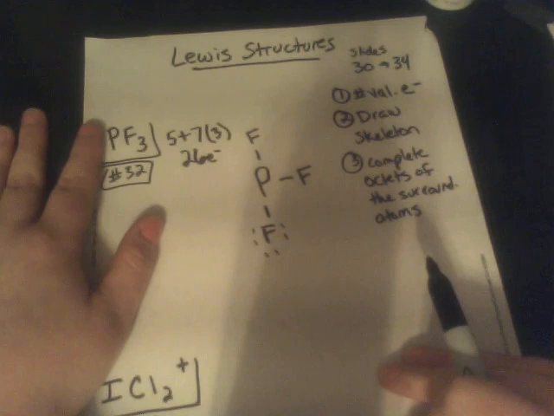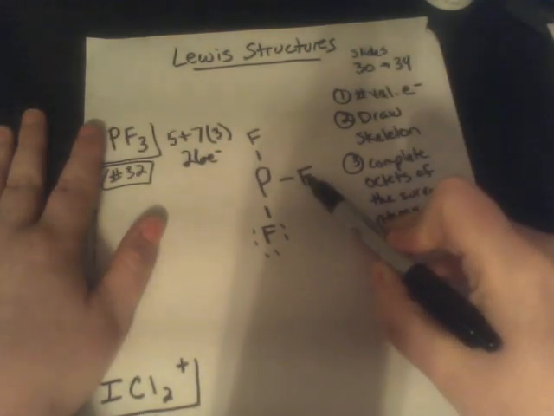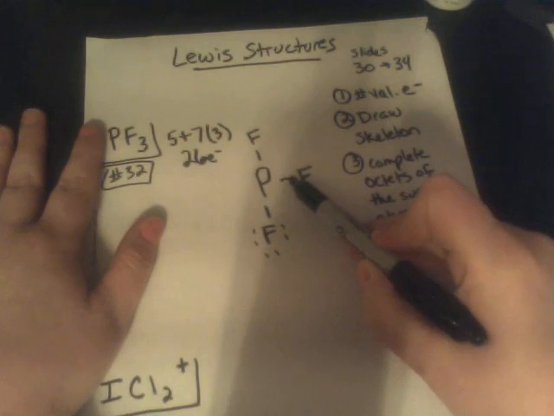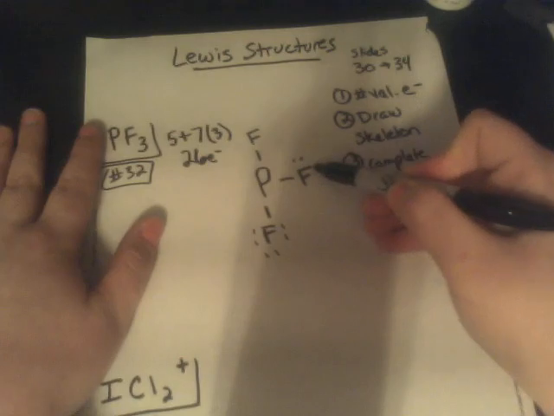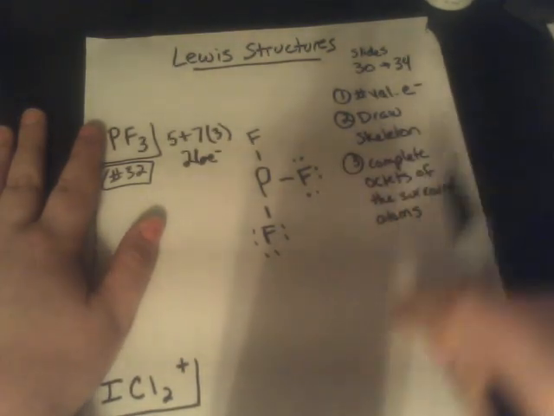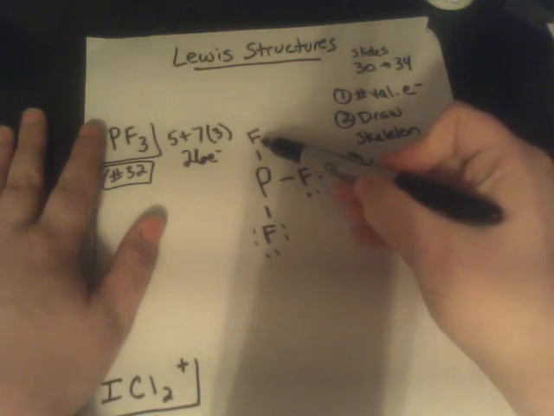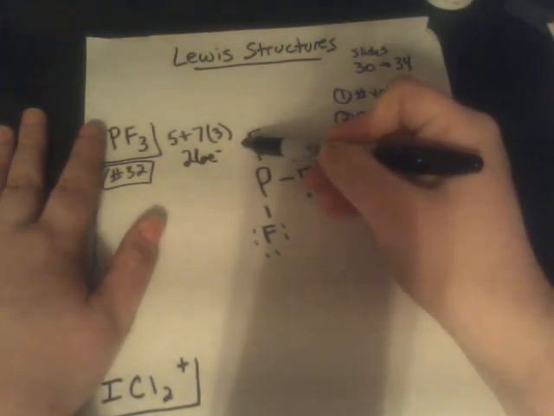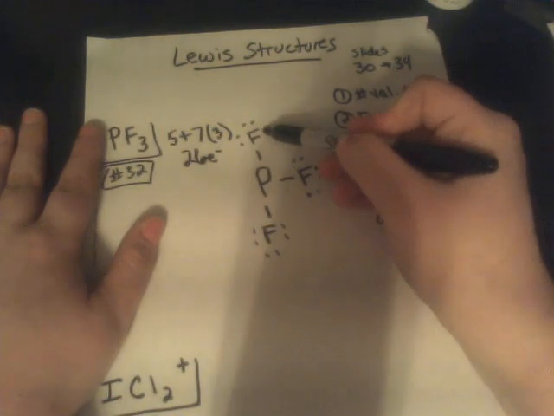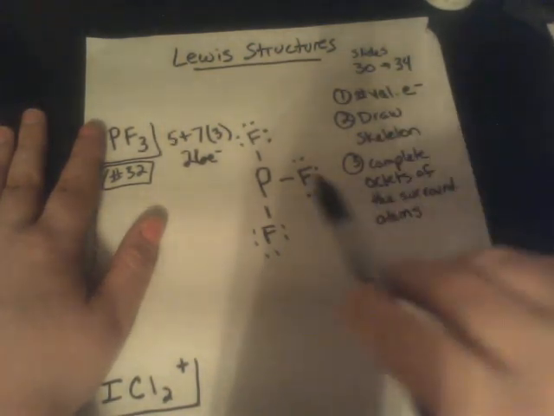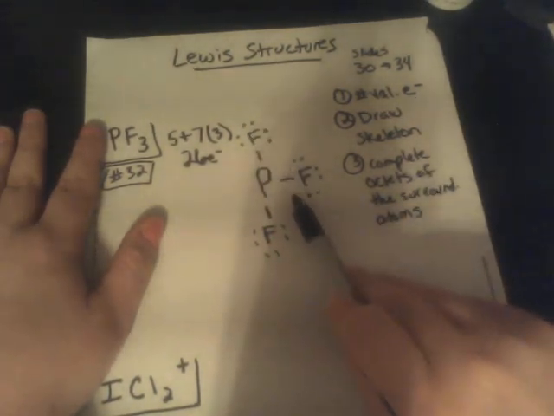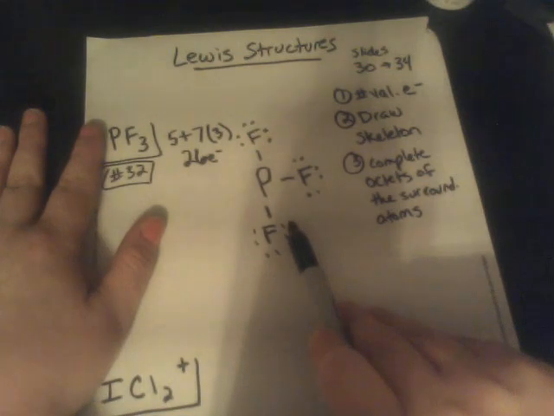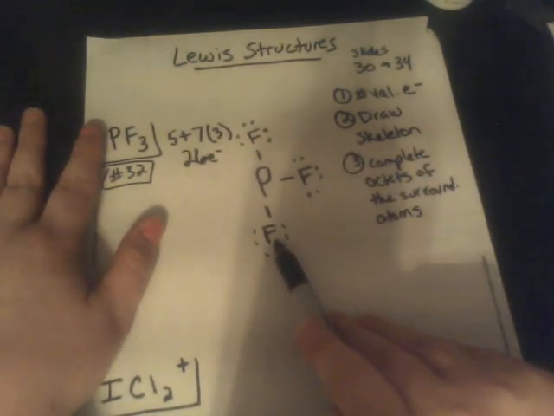Now that has 8 electrons around it. This F, as of now, only has 2 electrons around it because a bond is 2 electrons. So 2, 3, 4, 5, 6, 7, 8. And then lather, rinse, repeat. This F only has 2 electrons around it. 3, 4, 5, 6, 7, 8. Now we're going to check in and see how many we have. 6, 6, 6, plus 2, 4, 6. We have 24 electrons drawn on here as of right now.